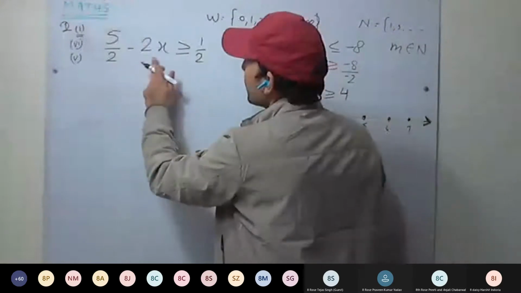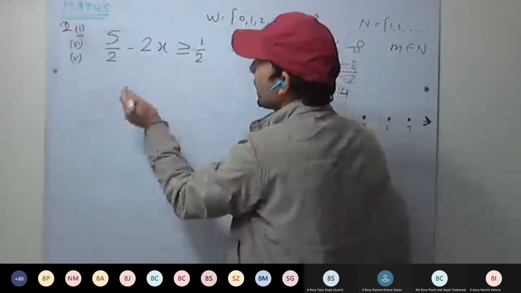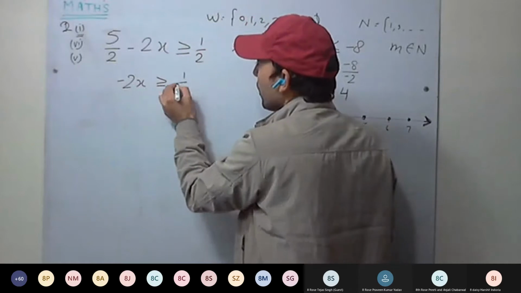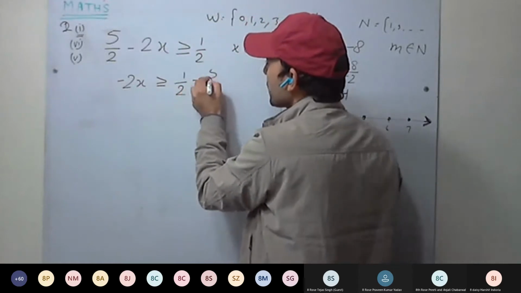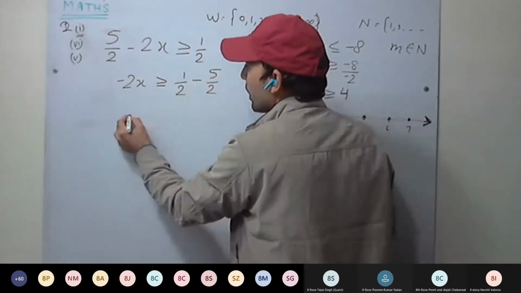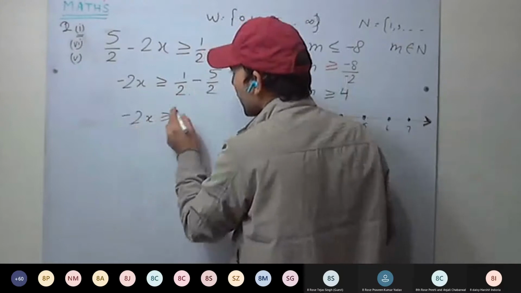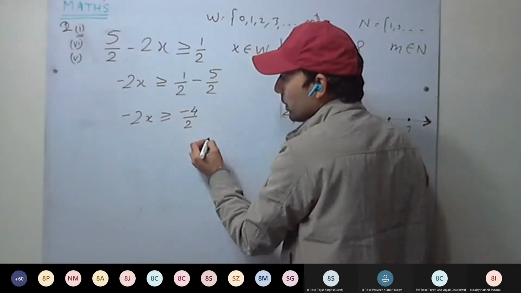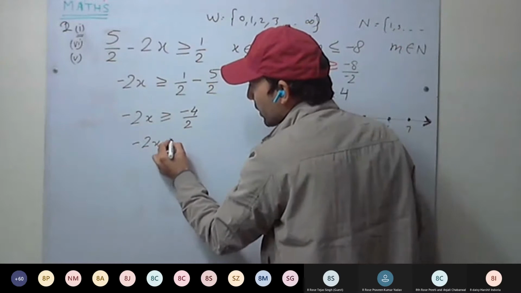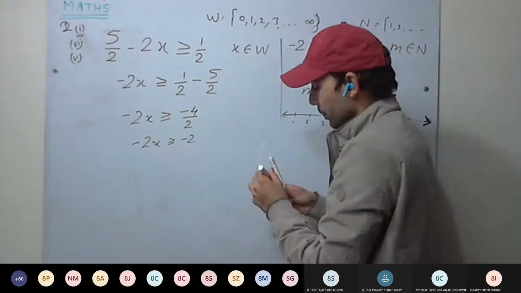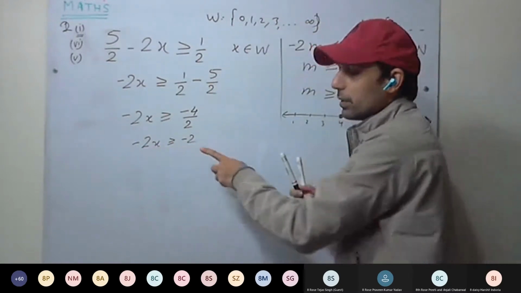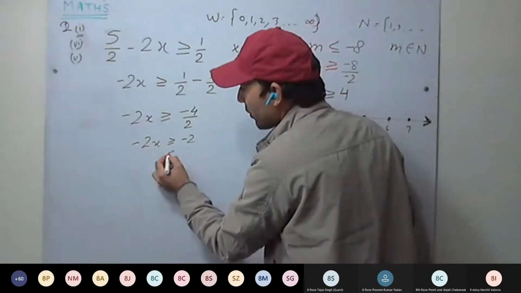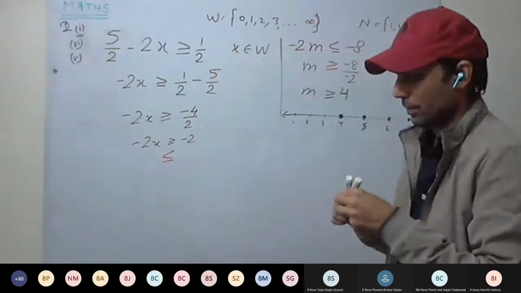Okay. So 5 by 2, take on this side: minus 2x greater than or equal to 1 by 2 minus 5 by 2. Minus 2x, let us take the LCM, it will be minus 4 upon 2. Minus 2x greater than or equal to minus 2. Okay, now we will divide by minus 2. So the sign will change.